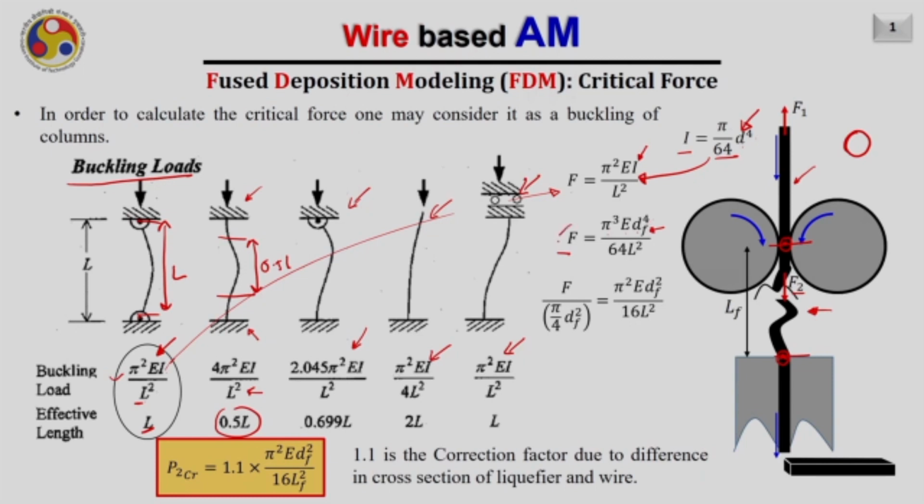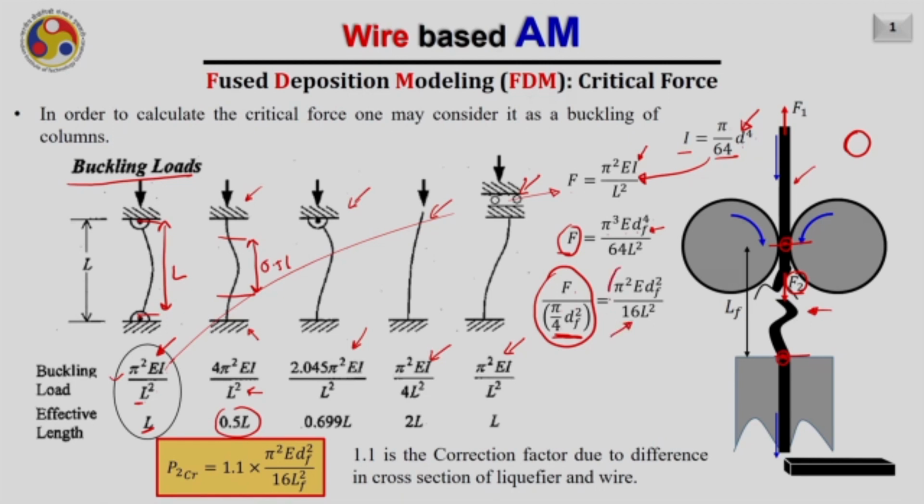Again, if I divide this value of F, meaning this force F2 acting on the wire, by the cross section area of the wire, then I will have the stress acting on the wire, and that will be equal to F divided by pi by 4 df square. As a result, the right side term will also change.